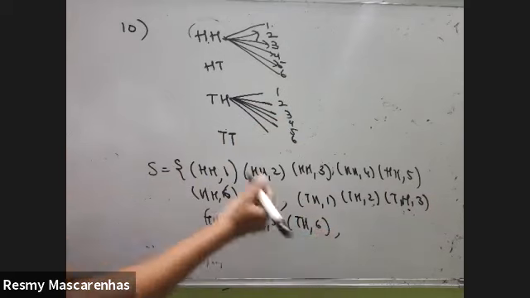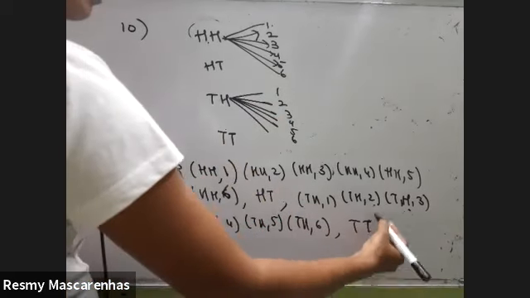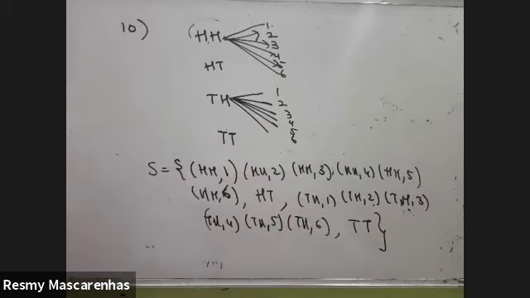Okay. And last one, the end. Any doubts in finding the sample space? Anyone?